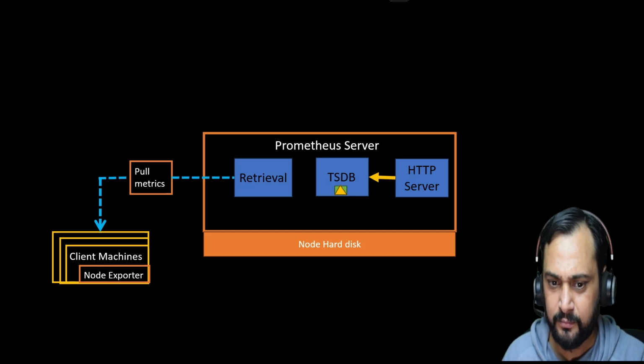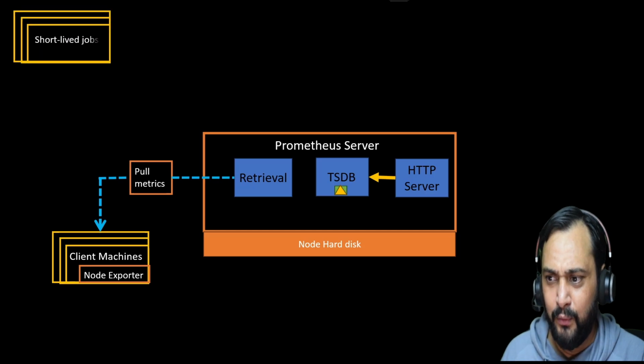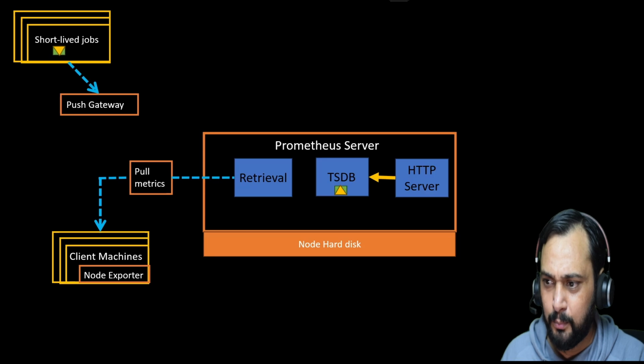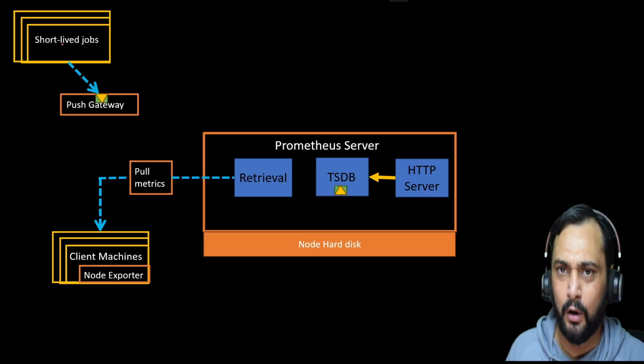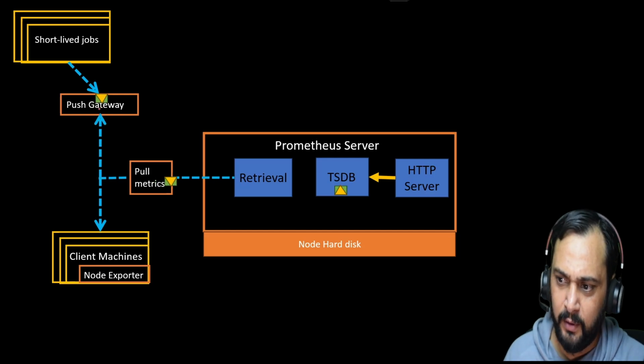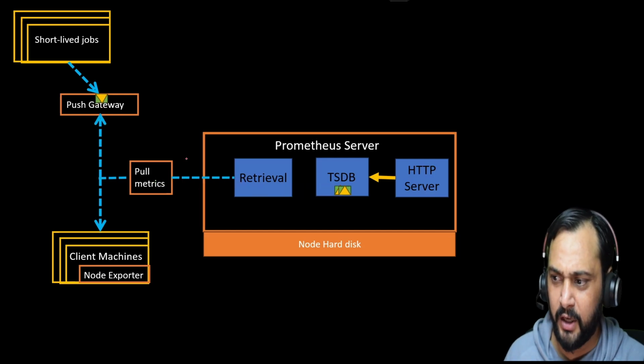Further, we have short-lived jobs that we cannot monitor with the help of pull metrics. For that reason, we install the push gateway, right? These short-lived jobs can forward all their metrics to the push gateway. And further, our Prometheus server will pull the data from the push gateway, right?